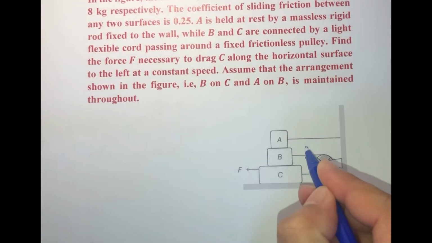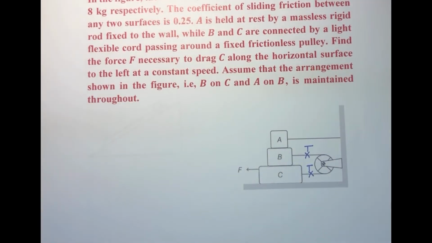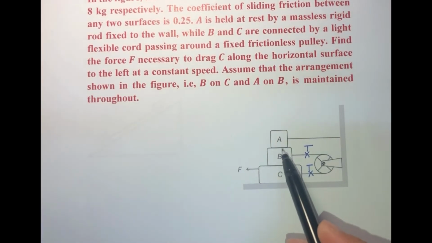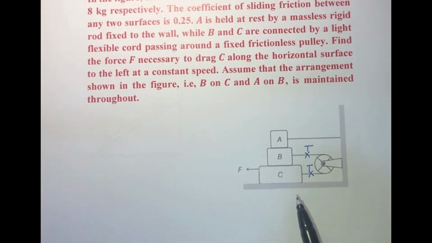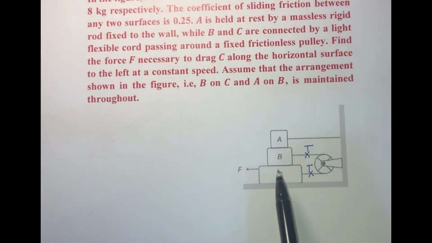Let us suppose that T is the tension of the string and the force F is being applied on the block C. First of all, we are going to draw the free body diagram for A, B and C, which will help us in defining the various forces associated with all these three blocks.